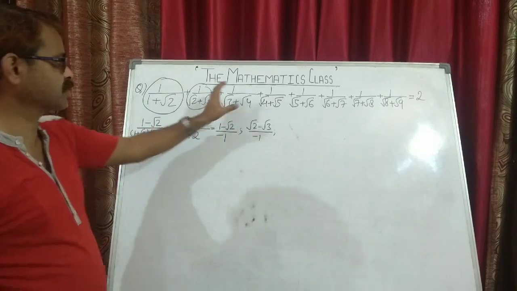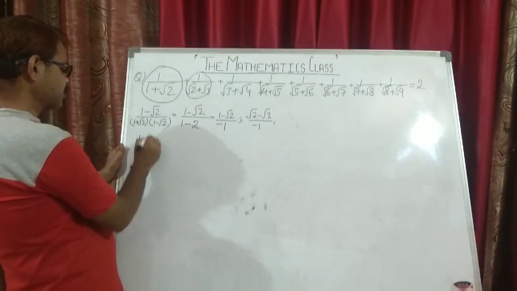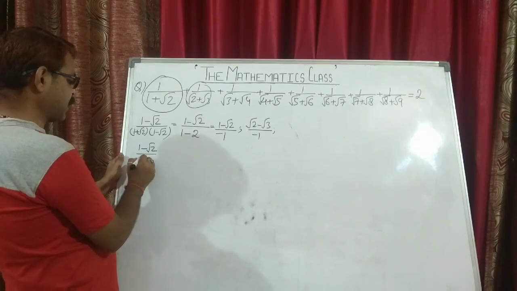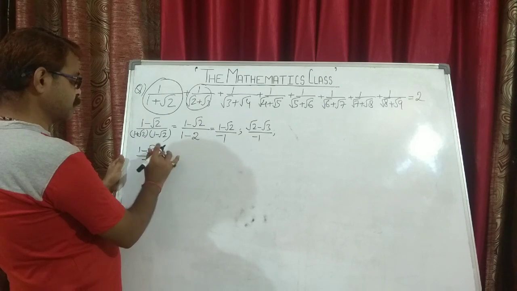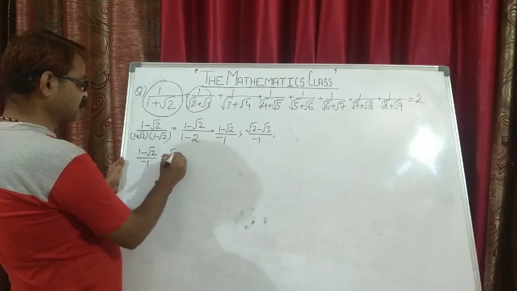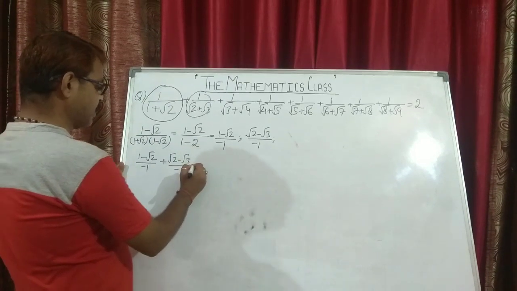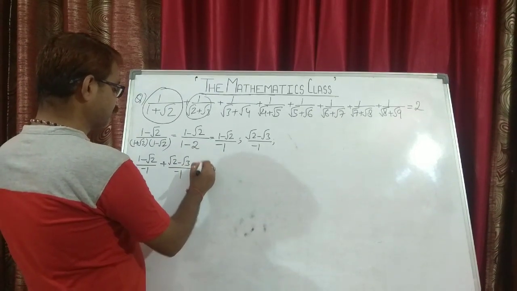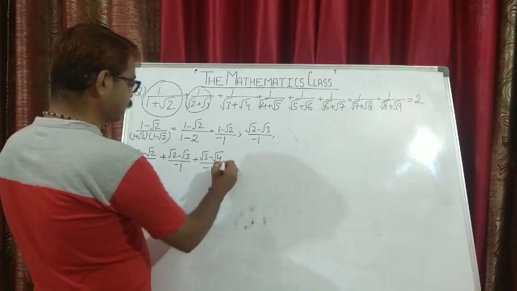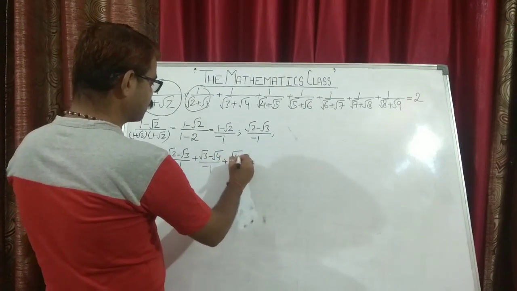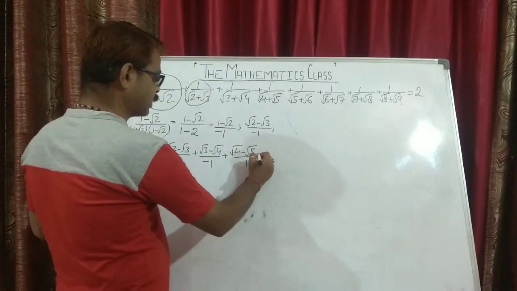So I am writing just the third step. So that is 1 minus root 2 upon minus 1, then plus root 2 minus root 3 upon minus 1, then plus root 3 minus root 4 upon minus 1, plus root 4 minus root 5 upon minus 1.